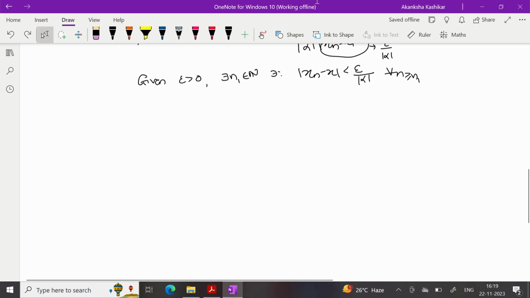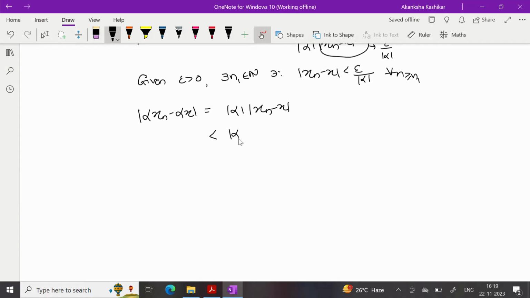Now mod of alpha xn minus alpha x could be written as mod of alpha into mod of xn minus x, which is less than mod alpha into epsilon by mod alpha for every n greater than or equal to n1, and this is equal to epsilon.